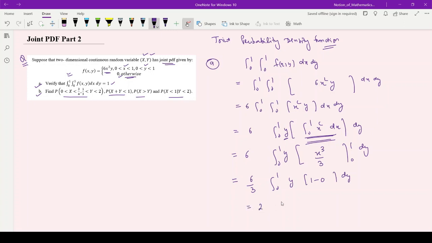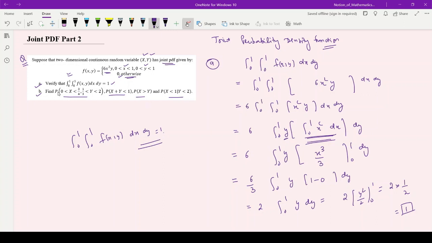So it is 2 times the integral 0 to 1 of y dy, or 2 y²/2 from 0 to 1, I mean 2 into 1/2, that is 1. In such a way I have proved the first condition, that the integral 0 to 1, 0 to 1, f(x,y) dx dy is equal to 1. That is quite easy to implement.